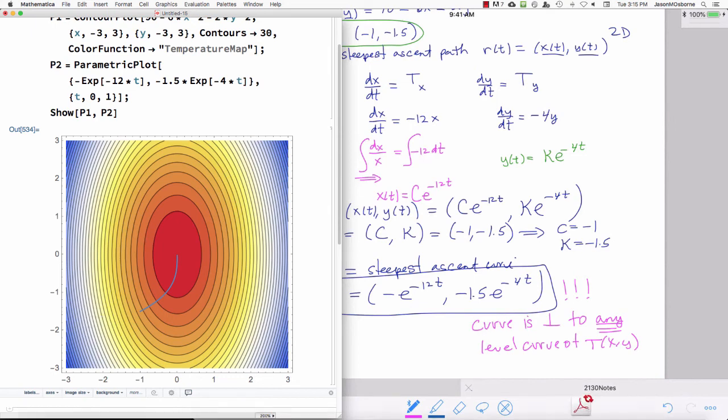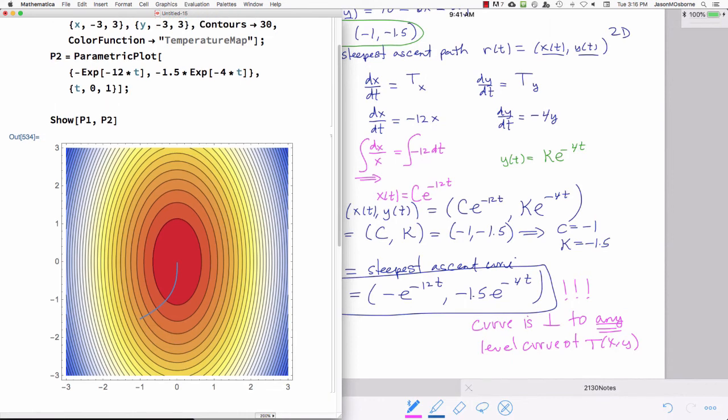Here's where it started. And if it follows that blue path, you can see it's on a direct course for getting to the hot part. If it follows exactly this path, it's always going to the steepest part, to the hottest part of the plate.